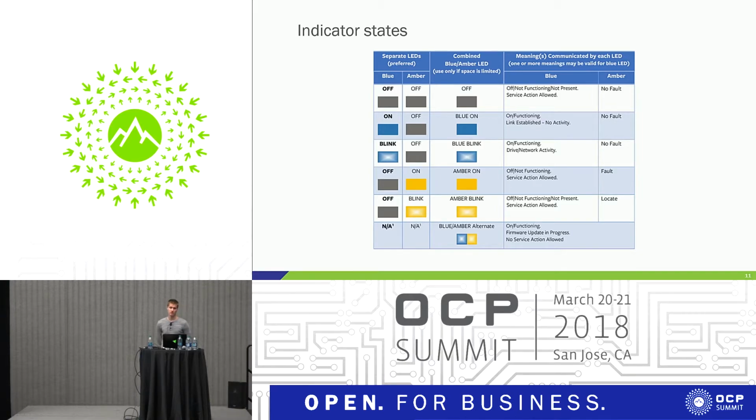The reason we wanted to include this is because we update firmware on a lot of our products in the field, and in that event, we can't have anyone disrupt, hot swap, or disconnect power to these units, because it could potentially get us into a situation where we can no longer communicate to that device, and it could cause some problems. So anytime a service technician sees a blue-amber flashing indicator, it means you can't touch this.